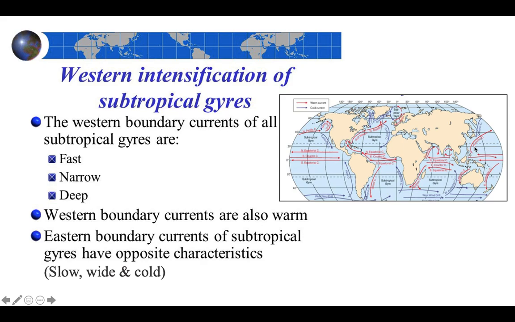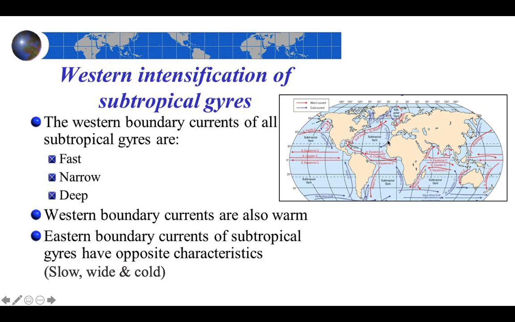And if you look at this particular western boundary current coming along the Japanese islands, the Kuroshio current, it's also a very important current system bringing lots of typhoons to the Japanese islands, particularly in the summertime, and it's extremely warm.